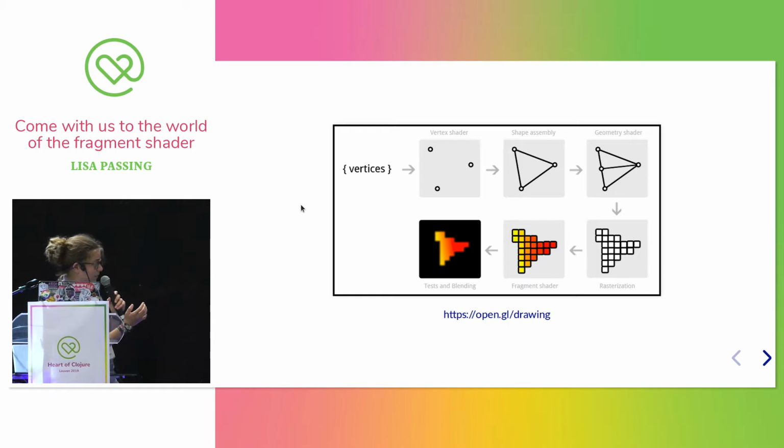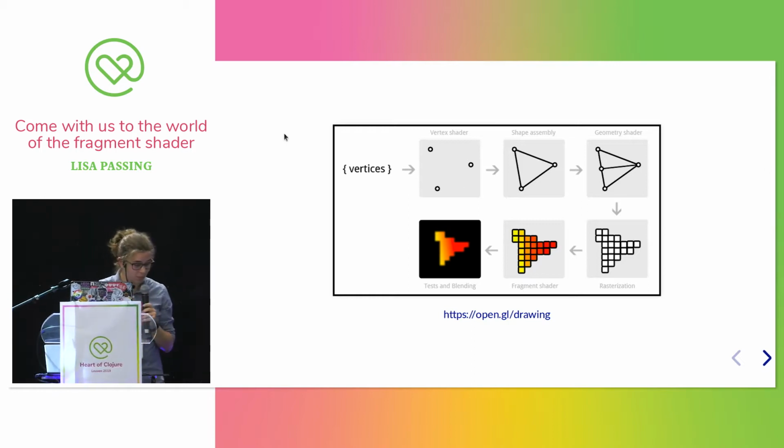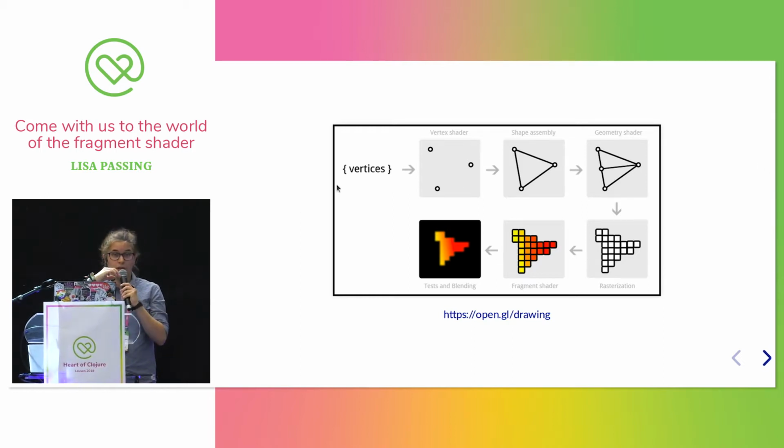So this is the graphics pipeline I was talking about. In the beginning, you have a bunch of points in a thought-of 3D space that then run through different steps along this pipeline. We get shapes, which will be cut into triangles. The interesting part, I think, is then the rasterizer.